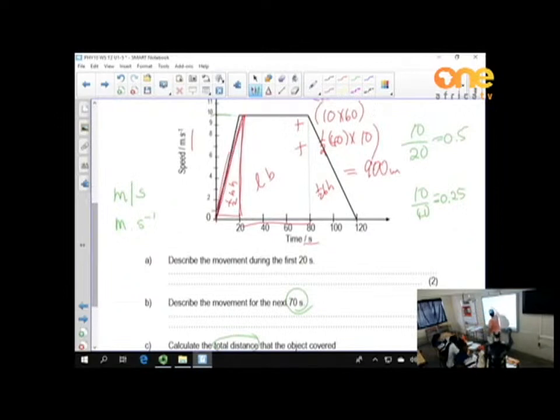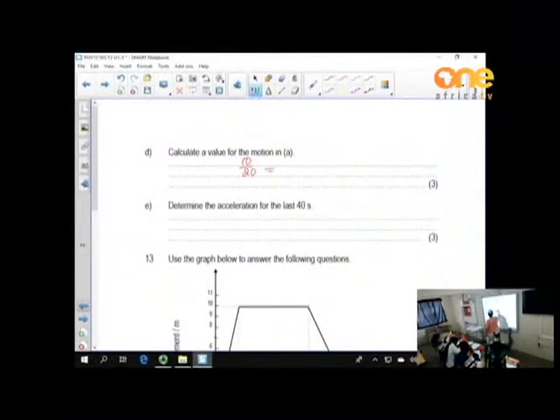So it's change in Y over change in X. 10 divided by 20 is equal to 0.5 meters per second squared. You need to know it's the gradient. It's 1 mark for knowing you need to calculate the gradient, 1 mark for working out what the values are, and then 1 mark for the answer.